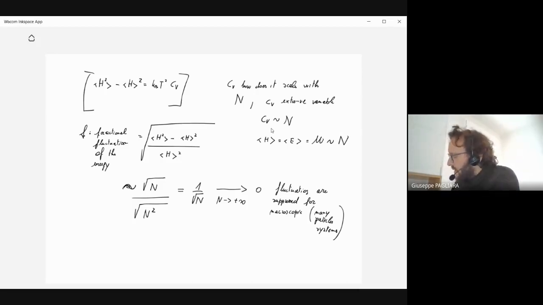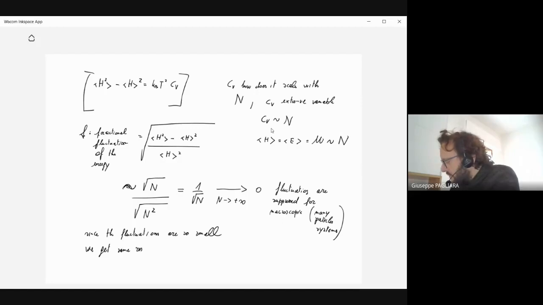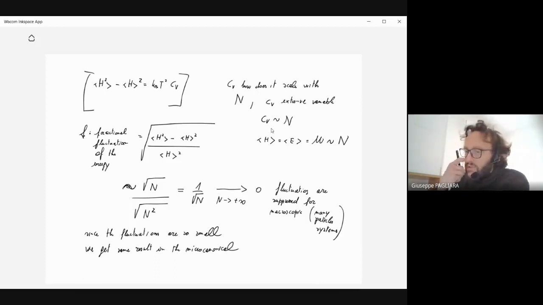Now, since the fluctuations are so small, we get the same result in the microcanonical ensemble, where the energy is fixed, and the canonical ensemble, where instead the energy is not fixed.